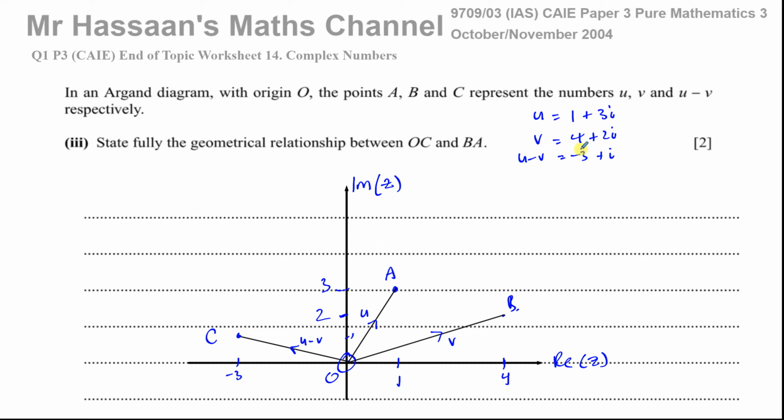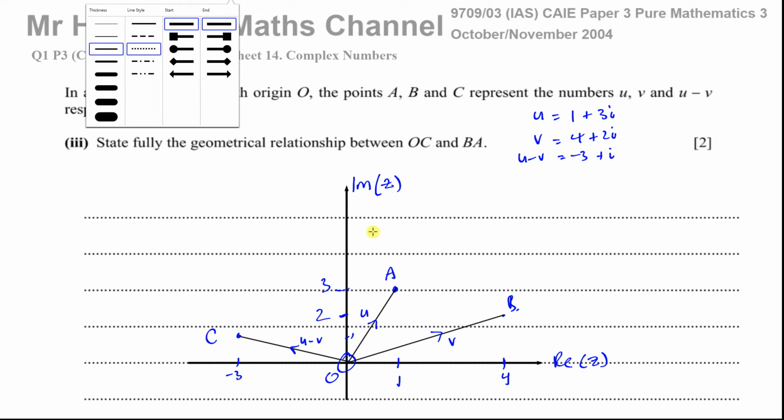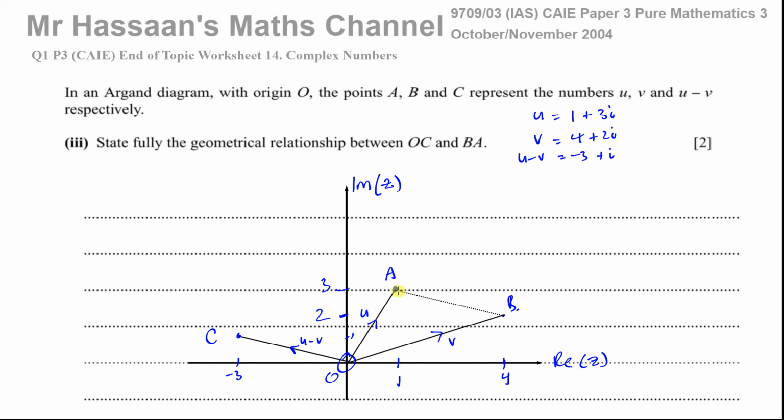Then it says state fully the geometric relationship between OC and BA. So OC and BA, I've just shown you when I moved it along that they're the same length and parallel to each other. If I join together B and A, it's exactly the same thing as O to C. You can see minus 3 and plus 1. From 4 to 1 is minus 3, plus 1.